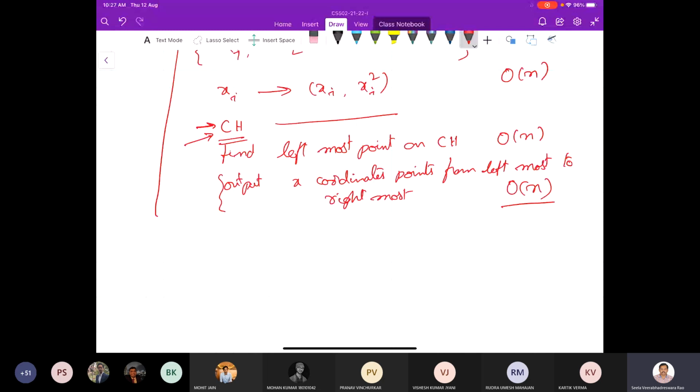I'm using the small o. So a lower order than n log n algorithm for a convex hull. Then you get a sorted sequence in lower order than n log n.